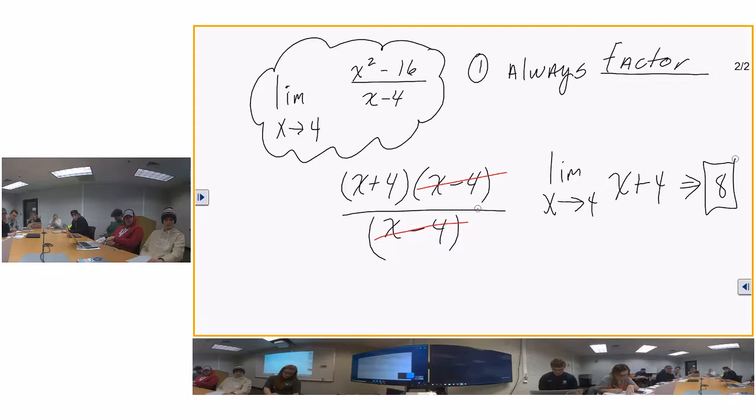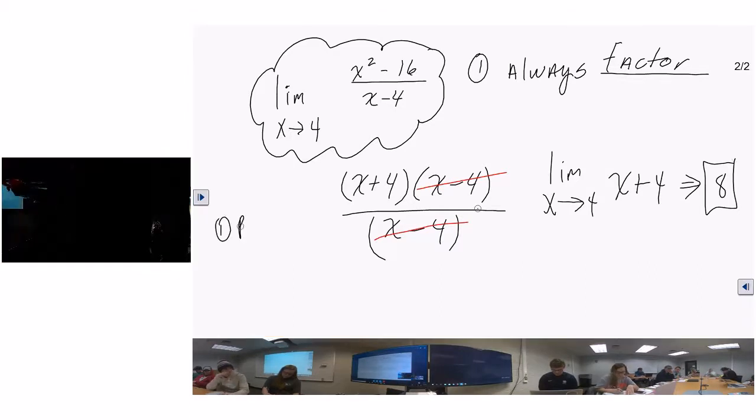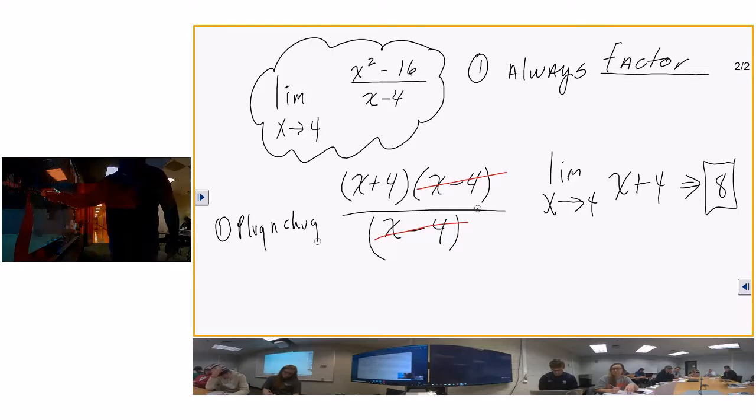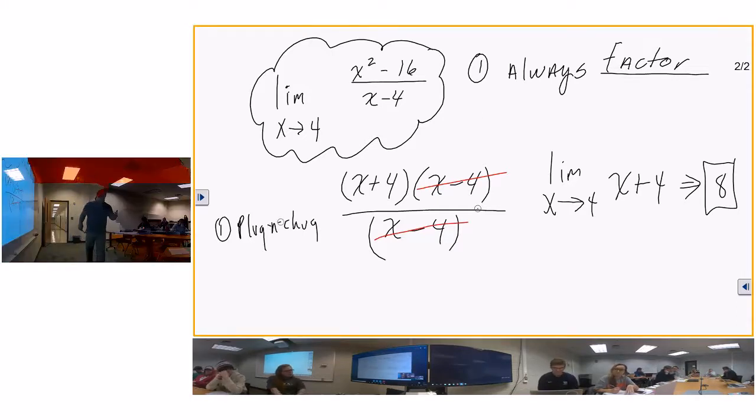Now, there are 3 types of questions you're going to get with limits. The first type is just going to be plug and chug. This was not a plug and chug because you have to factor. Usually a good indicator is if you plug in a number and you get something undefined.